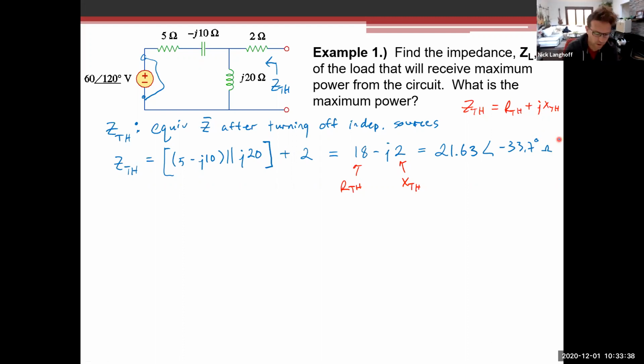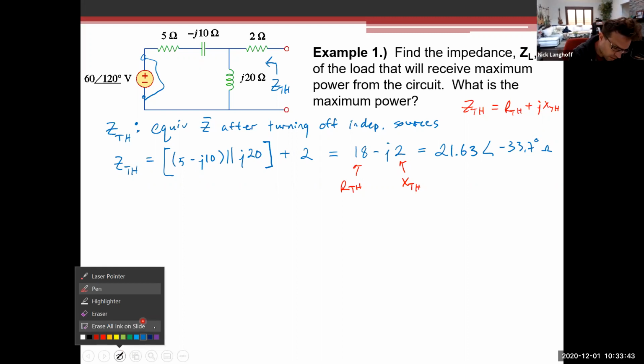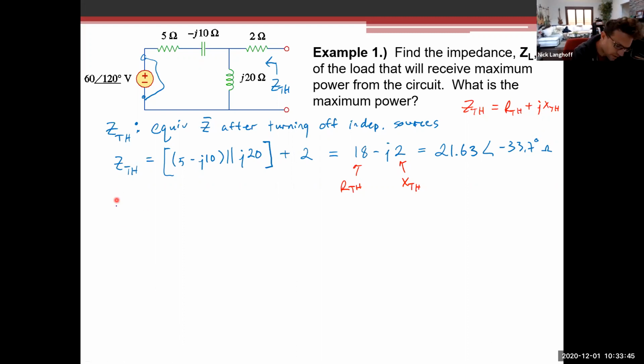So if we then wanted to calculate ZL, it should equal, oh, that's not a phasor, sorry. ZL should equal the complex conjugate of Z Thevenin, which is equal to 18, not minus j2, but plus j2, right?